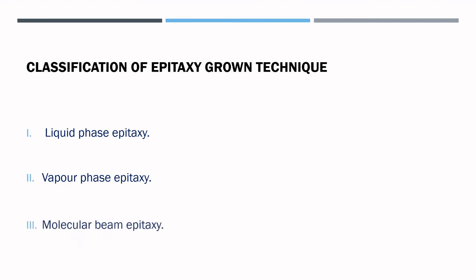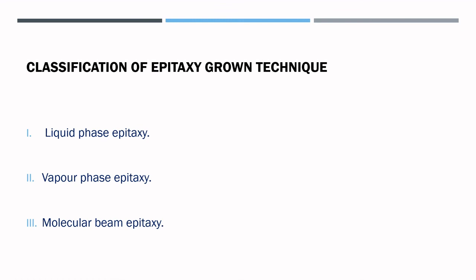Epitaxy systems can be classified as liquid phase epitaxy, vapor phase epitaxy, and molecular beam epitaxy. In vapor phase epitaxy and liquid phase epitaxy, there are some chemical reactions involved. In contrast, in molecular beam epitaxy, there is no chemical reaction involved.